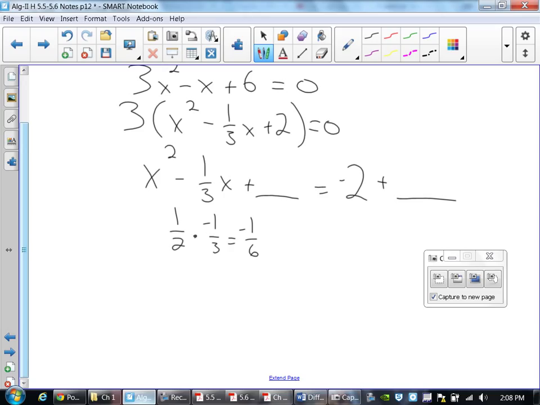What drops into your parentheses there? When I square that, when you square the fraction of 1/6, you get 1/36. Very good.